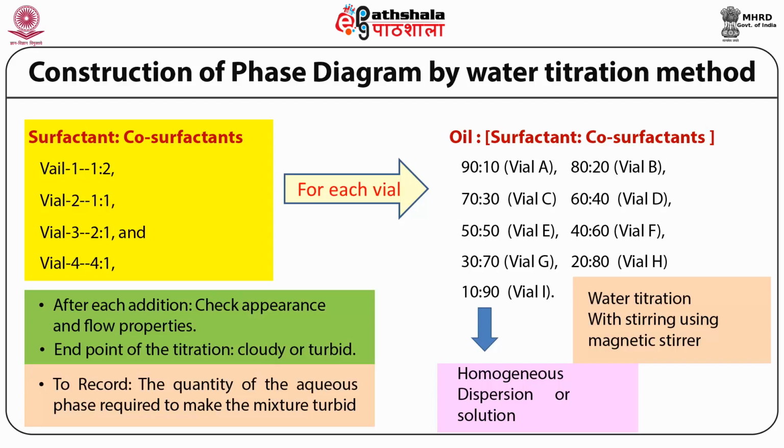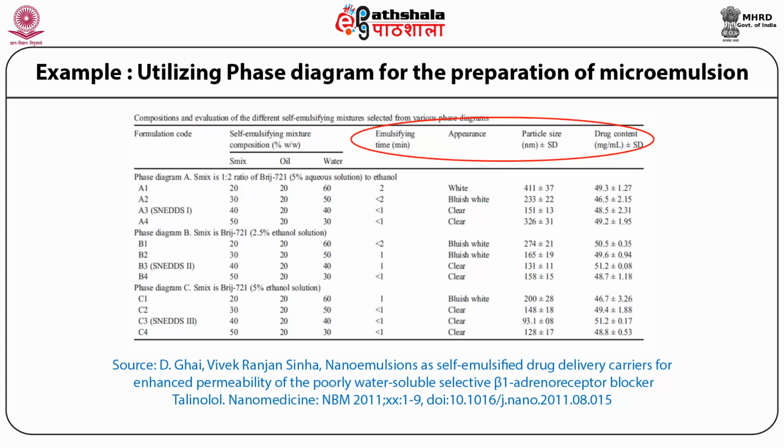In this table, you can easily see that we have prepared different self-emulsifying mixtures, with a proportion of S mixture of 1:2 or taken as 7 to 1, ethanol composition, oil phase and water phase. These different self-emulsifying mixtures were prepared, and then the end points, that is, evaluation points, are taken as self-emulsification time, appearance, particle size and drug content.